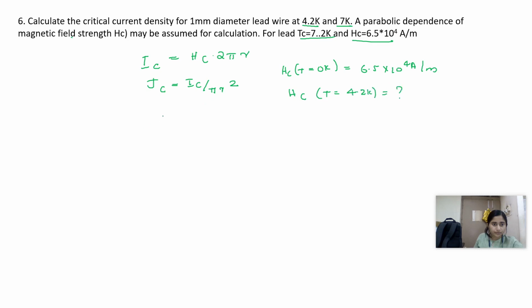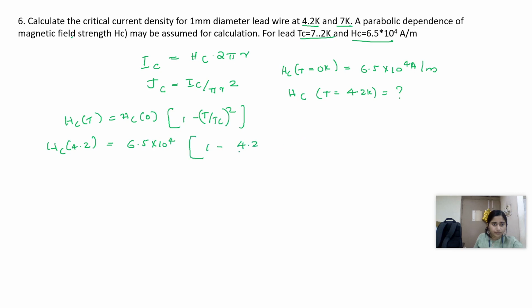We know the formula: Hc of T is equal to Hc of 0 times (1 minus (T divided by Tc)) whole square. So we are going to calculate Hc of 4.2: 6.5 times 10 to the power 4, times 1 minus 4.2 divided by 7.2, whole square.